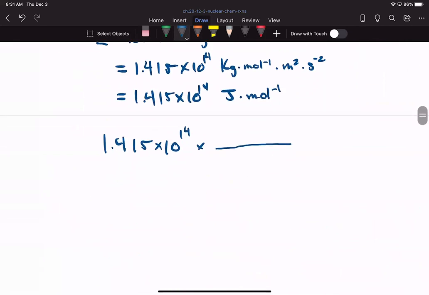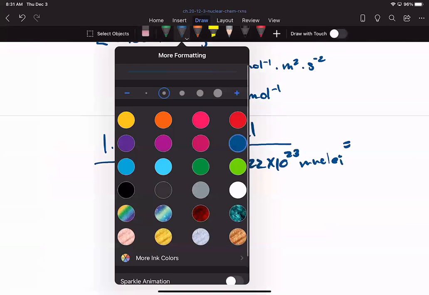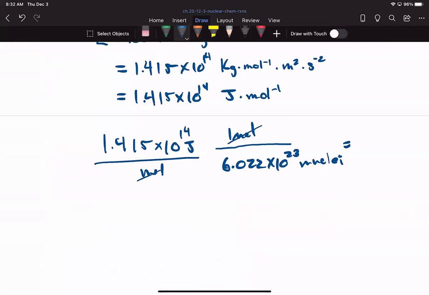Avogadro's, yes. So we can use Avogadro's. So this is going to be joules per mole, and in 1 mole of anything is 6.02 times 10 to the 23 nuclei, and that will get rid of our moles here.